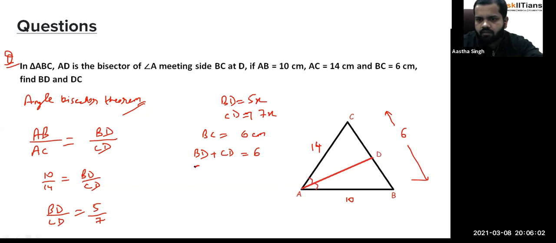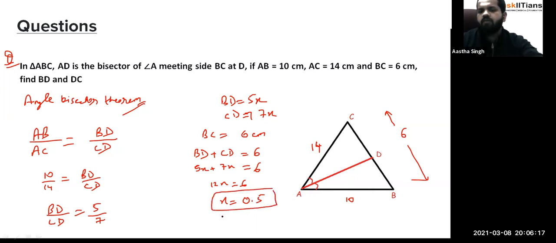BD is 5x and CD is 7x, so 7x plus 5x, 12x is equal to 6. X you will get 0.5, since 6 upon 12 is 0.5, right? So you can calculate BD. BD was 5x, so 5 into 0.5 is equal to 2.5.